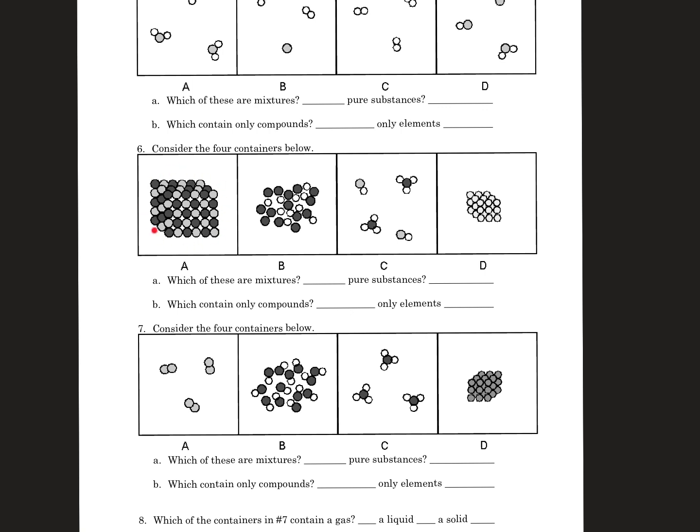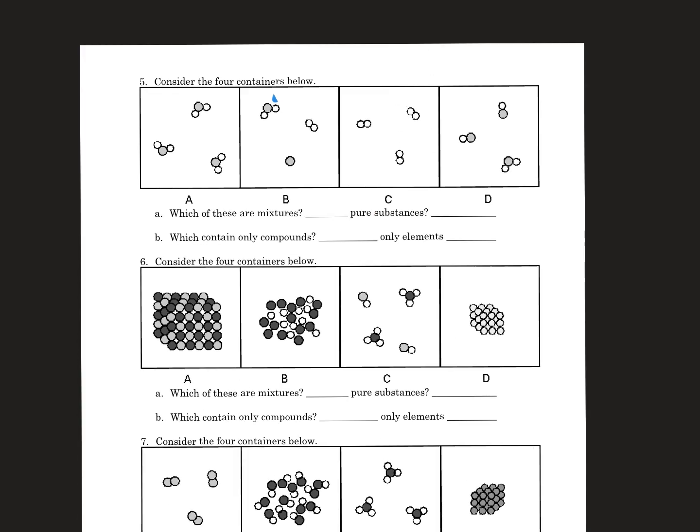A is not a mixture, okay? So I want you to think about A in this way. If the dots are touching each other, I want you to understand that they are chemically bonded together.